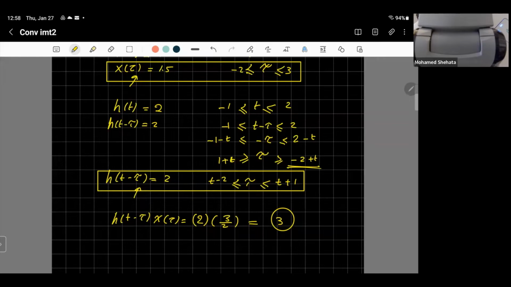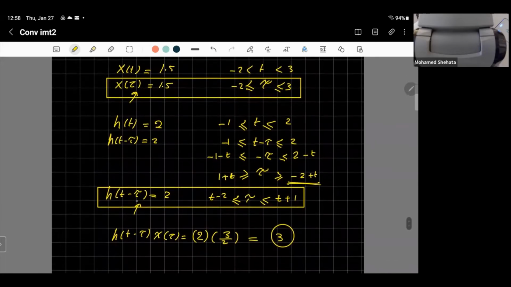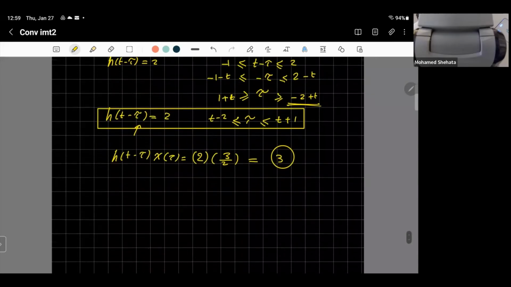To find the interval, you look for the limit for the one, t minus tau, x(t minus tau). X(tau) is fixed. You don't worry about it. What is the interval of the fixed one? Tau from -2 up to what? 3. This is the fixed one. This is the big one from -2.